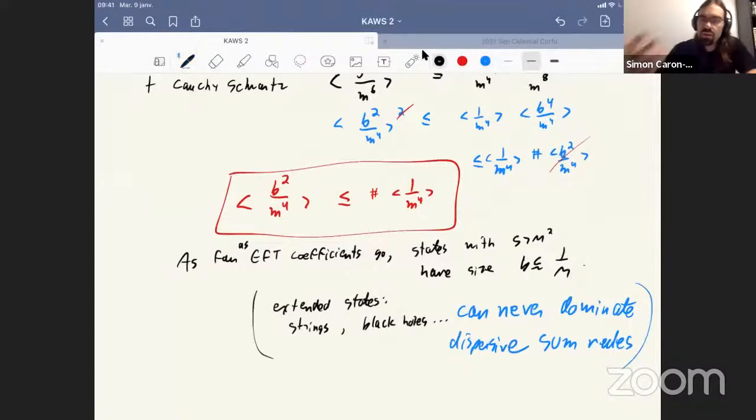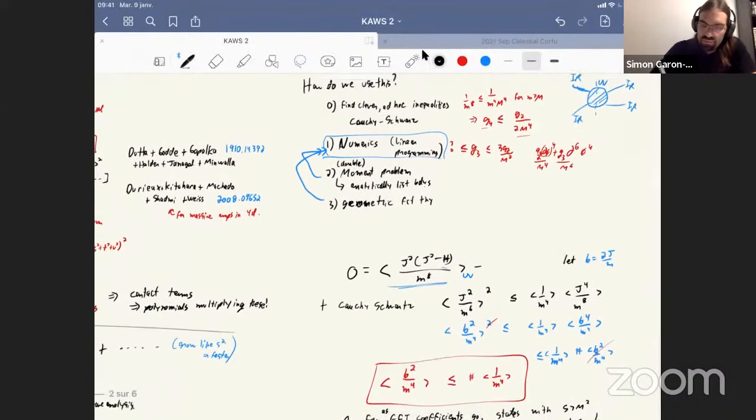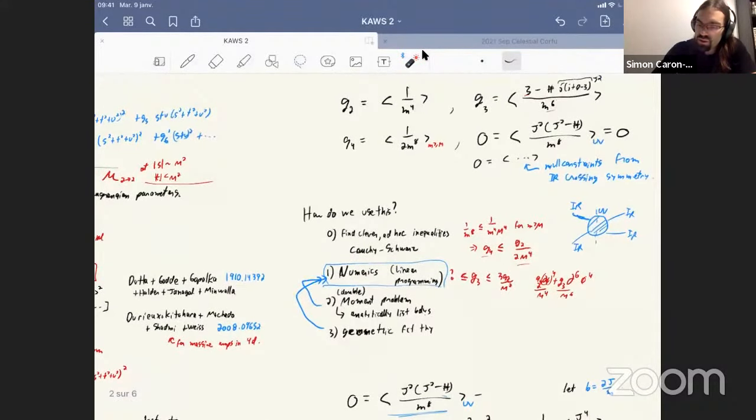This lesson will be very interesting next time, because it allows us to effectively bound the spin. So this null constraint allows us to bound the spin in these sum rules. And once you bound the spin, or more precisely the ratio J over M, the impact parameter, you get two-sided bounds on everything.